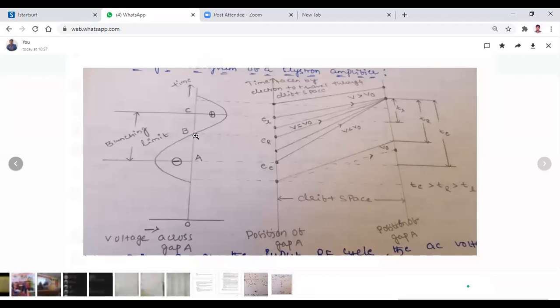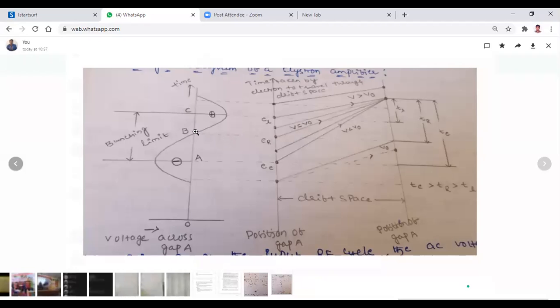That's why I want to assume that this electron is the reference electron, ER, and I want to assume that its velocity is equal to V naught. Same velocity, right?